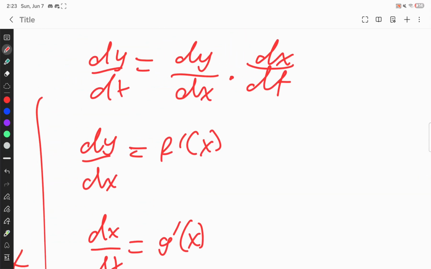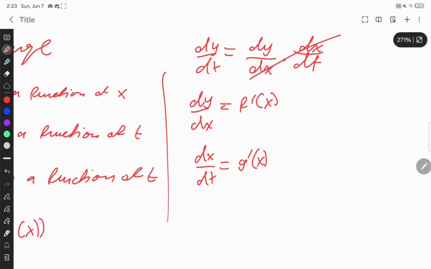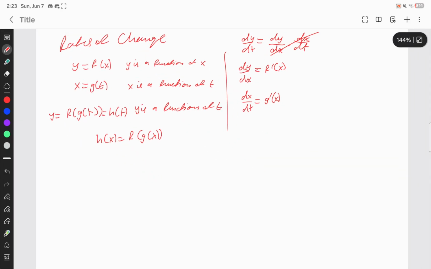Technically, this represents the change in x over the change in time, and this the change in y over the change in time. If we cancel out the change in x, we get the change in y over the change in time. This is why it works. Okay, it's cancelling units but on steroids.